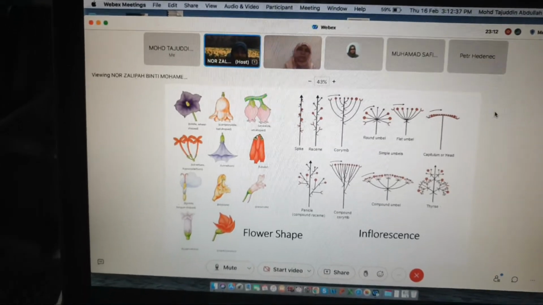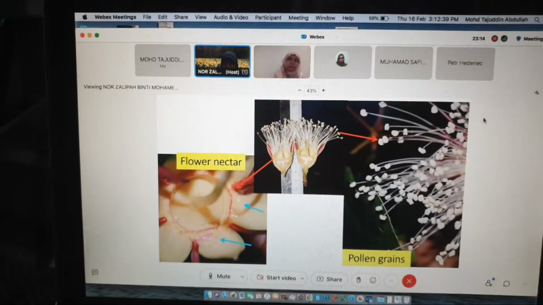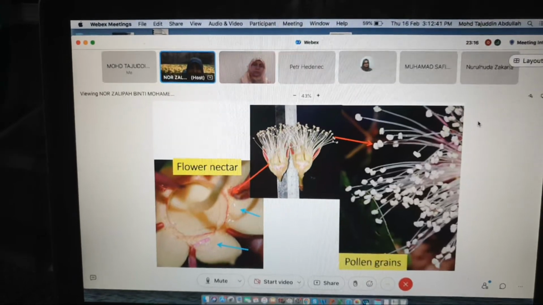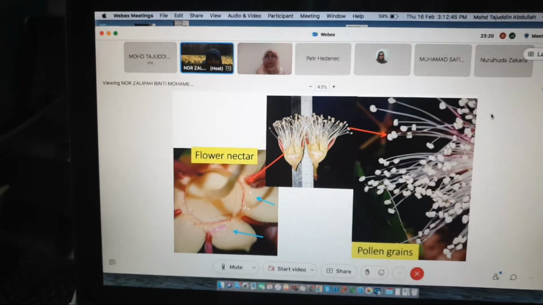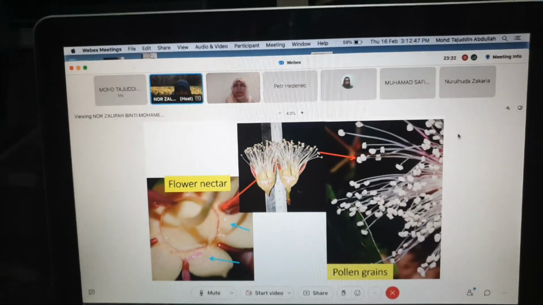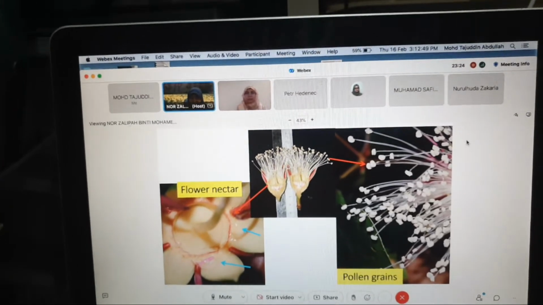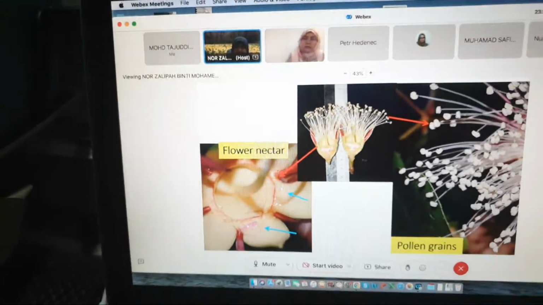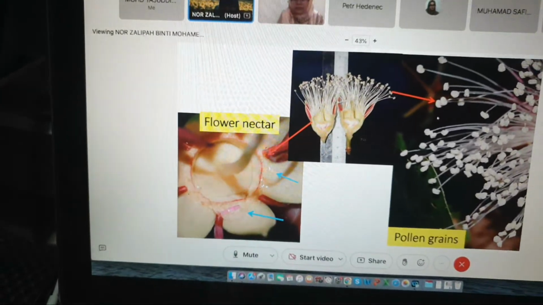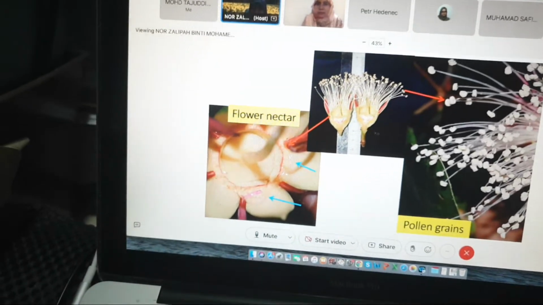So the insects came to the flower to feed. They forage mainly on the flower nectar, which then turn into, kita panggil madu, the honey, and also the pollen grains produced by the flowers.